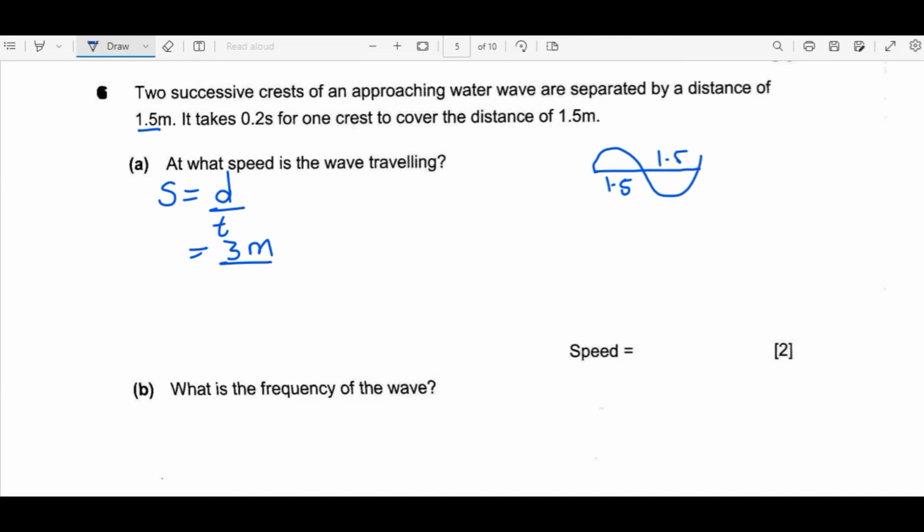We know that one crest takes 0.2 seconds, so here we also need 0.2 seconds, so the total is 0.4. Then we have 3 divided by 0.4, so I'm getting 7.5 meters per second.